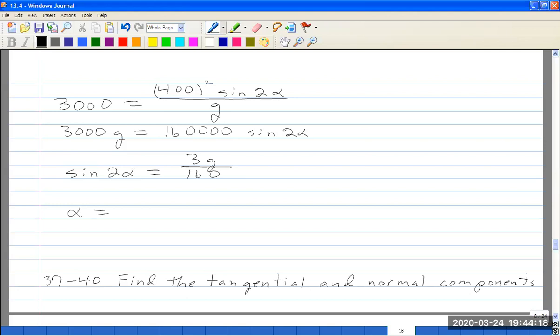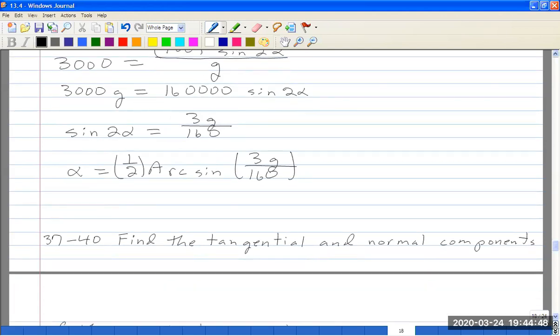And so I have that alpha is equal to 1/2 arc sine of 3g over 160, which you can plug into your calculator if you want, assuming that g is like 9.8. And, well, you have another angle.